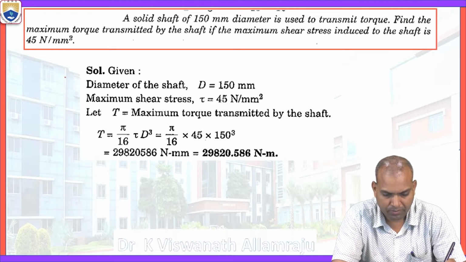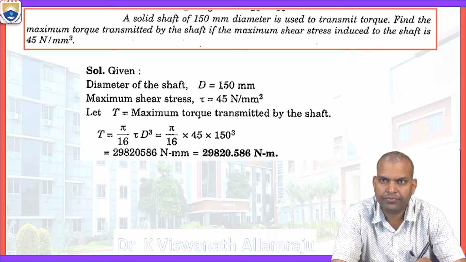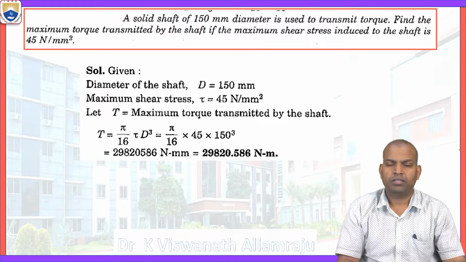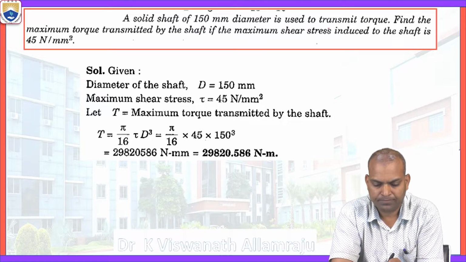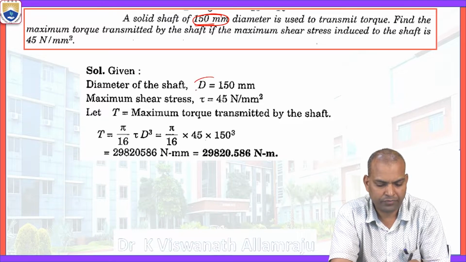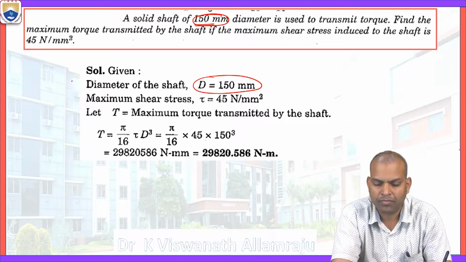So in this problem, a solid shaft of 150 millimeter diameter is used to transmit a torque. The diameter of the shaft is 150 millimeters.